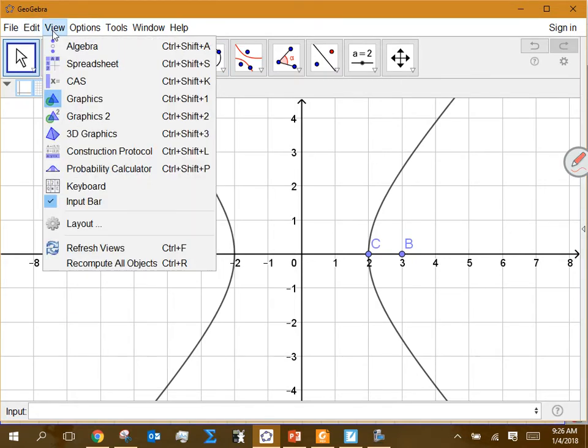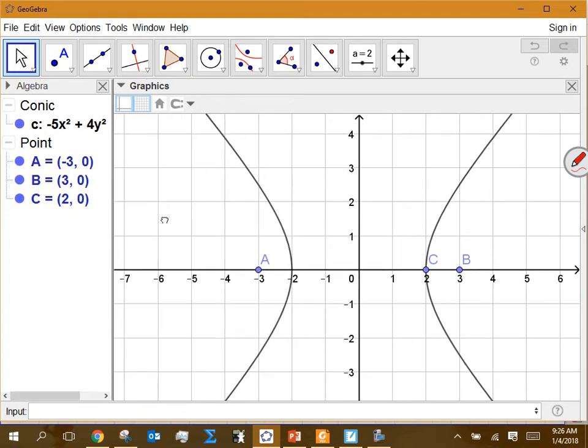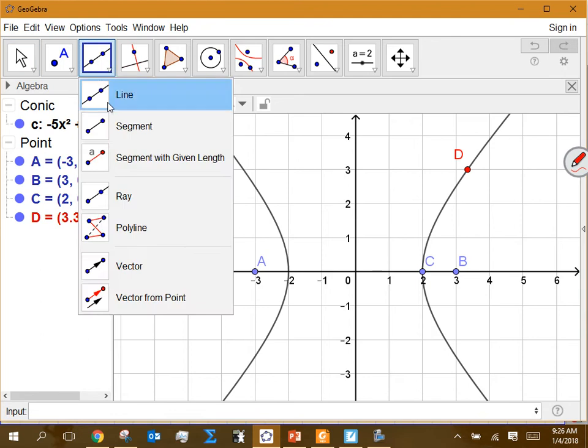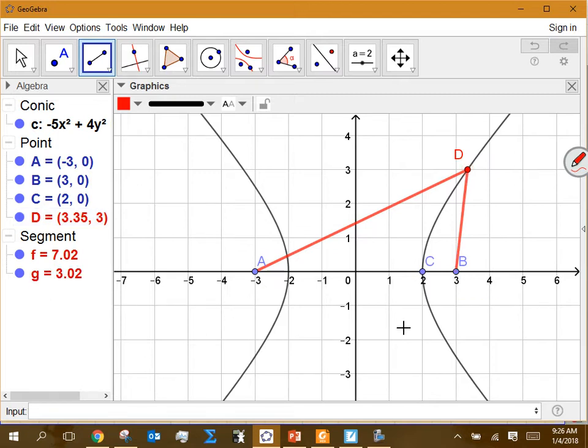So I do want to show you the algebra stuff here. I'm going to put a point, doesn't matter where it goes, I'm going to put the point D on my hyperbola, and now I'm going to trace back from that point to that focus, and then to that focus.